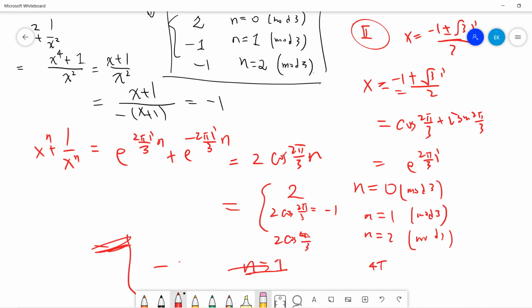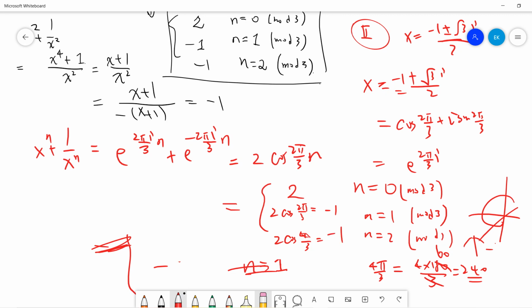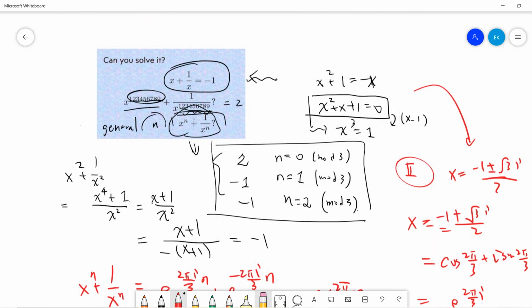So 4 pi divided by 3, let's see, you can write it as an angle, so it's 240 degrees, right? But 240 degrees for cosine is in the 3rd quadrant, right? So this guy will still be negative, so still -1.